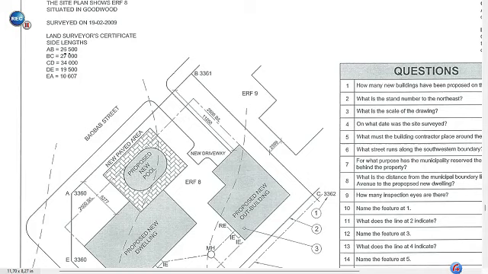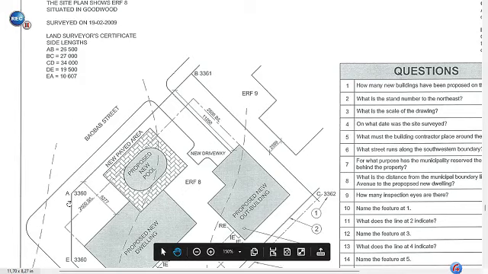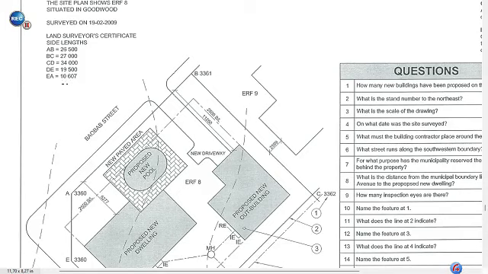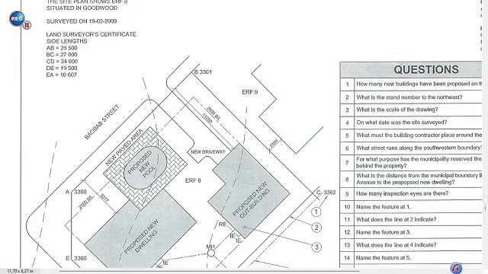you can type into your calculator 26.5, and then you're going to type in AE, or EA, which is 10 meters 607, that is 10.607, and then we need to find DE.